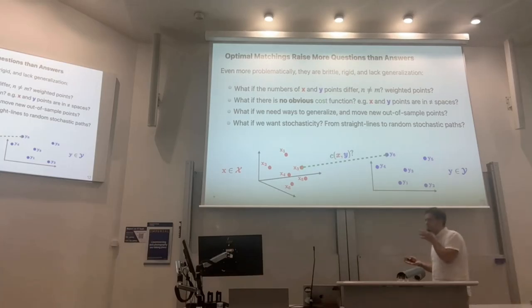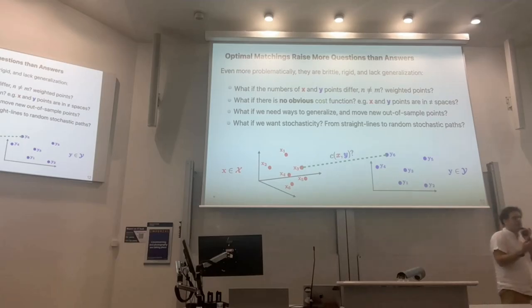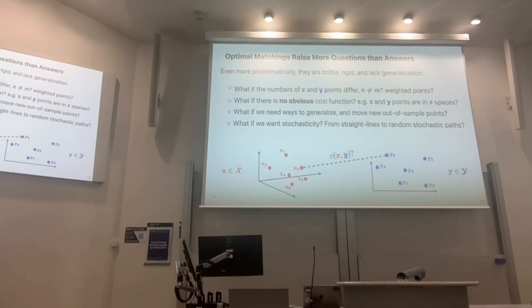A very simple case: imagine you have a 3D scan of someone, and you have a 2D picture of someone, and the person is the same, of course. Even though it sounds a bit far-fetched, you might want to associate the point in the 2D picture with this part of the 3D scan.